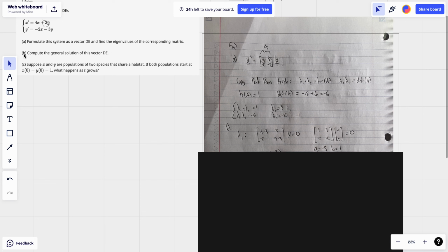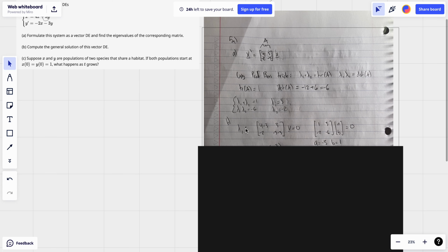We can now do part B, which is compute the general solution by plugging in lambda 1 and lambda 2 into an equation of what eigenvectors and eigenvalues actually represent, which is A times the eigenvector is equal to the eigenvector times the eigenvalue.